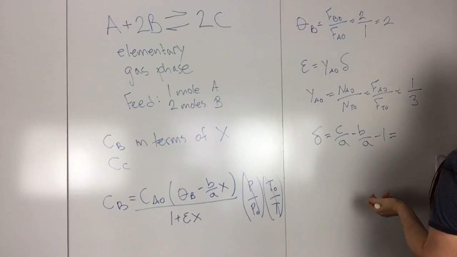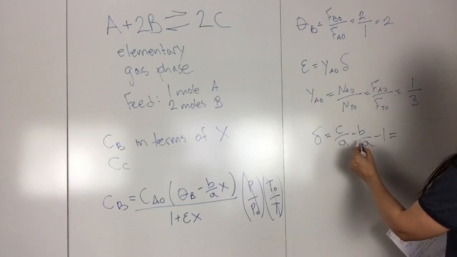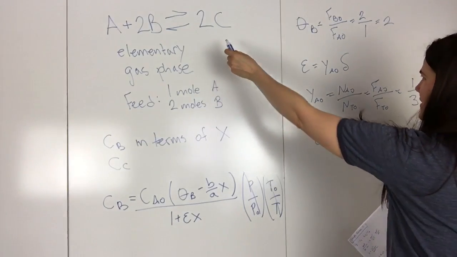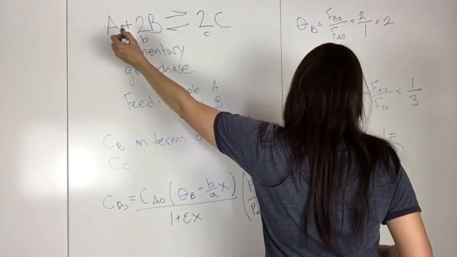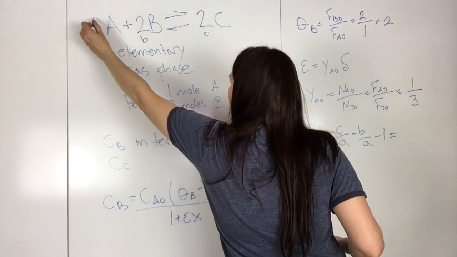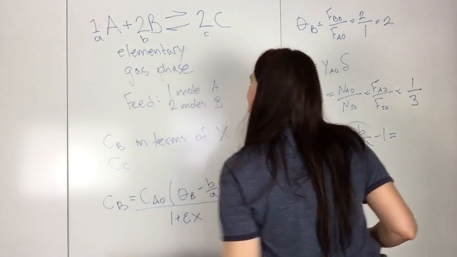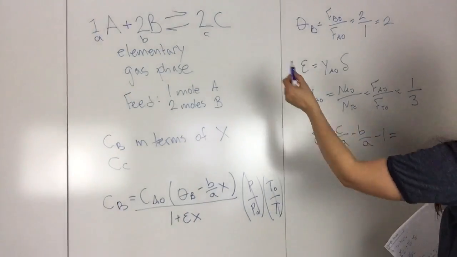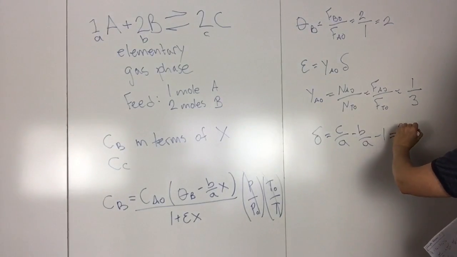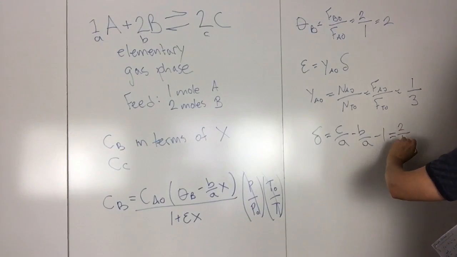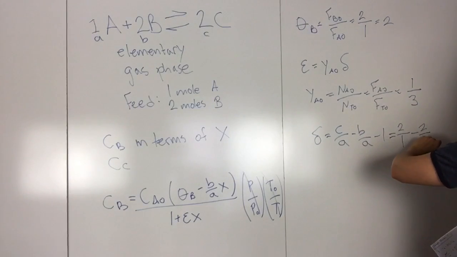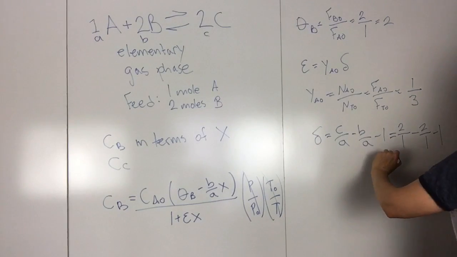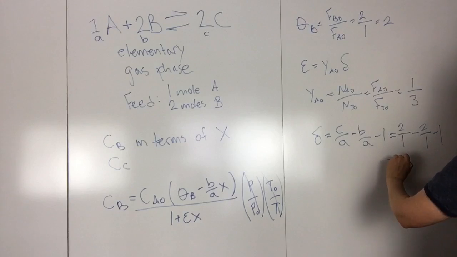These are the stoichiometric coefficients, so this is C, B, and A is 1. Plugging these in, C is 2 over A, which is 1, minus B, which is 2 over A, which is 1, minus 1. So this equals negative 1.